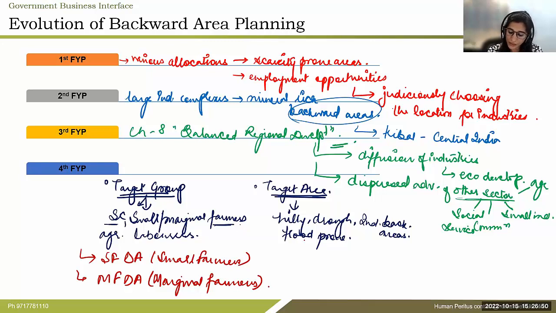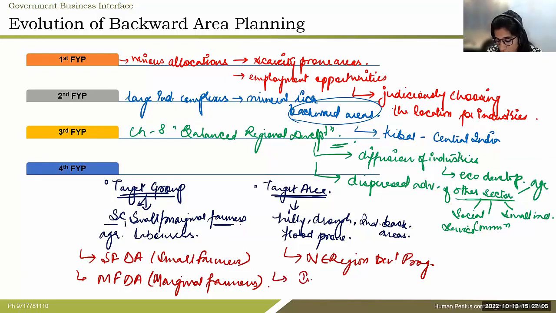All right, under the target area, there were various programs. Specifically under the fourth 5-year plan, the northeastern region development program was being considered. All right, there was the industrial backward area development program.